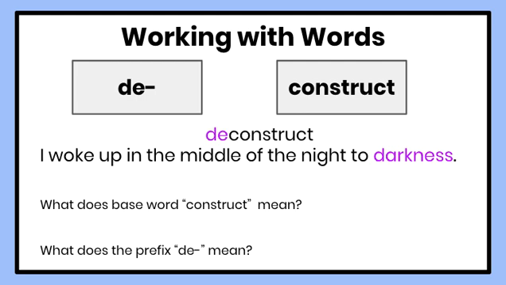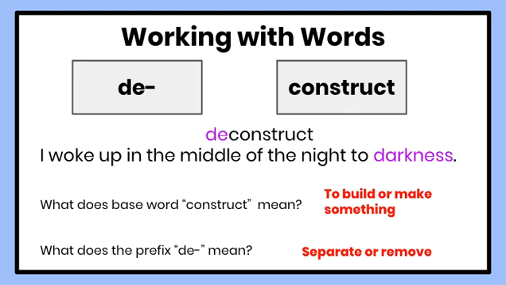What does the base word construct mean? To build or make something. And what does the prefix D mean? To separate or remove. So it's changing our base word again to, instead of building it, to be separating it or removing it.